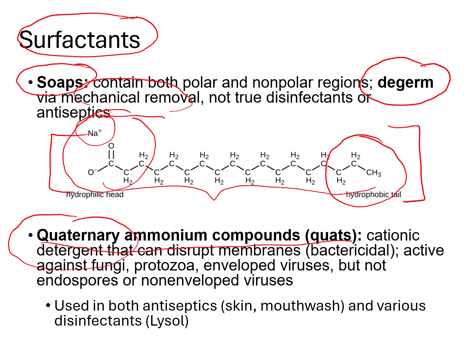Quats are found in mouthwashes, surface disinfectants, and skin antiseptics as well. They're non-toxic and they're pretty effective cleaners, but biofilm forming bacteria can sometimes resist these quats.